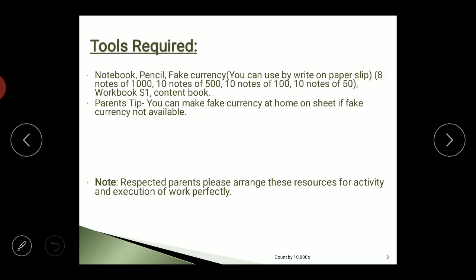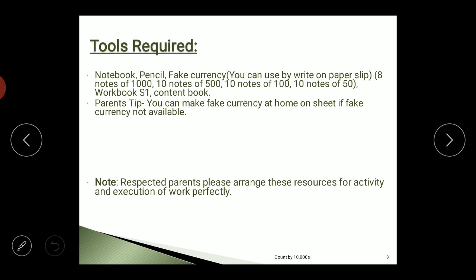So what are the tools required? Today the tools required are a notebook, pencil, and fake currency. You can also write on paper slips.